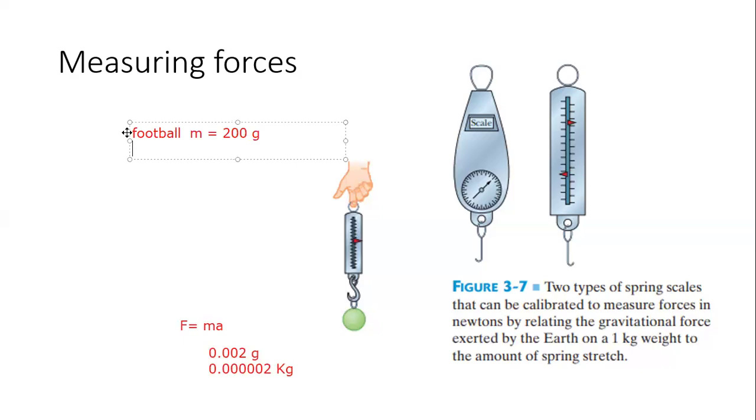Let's take a higher value. Mass of a book, mass of an aluminium block, let's say it is 2 kilograms.